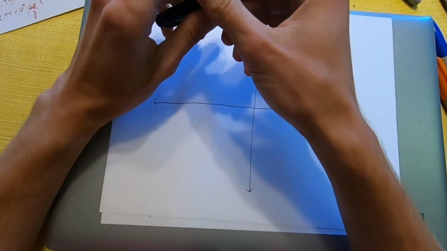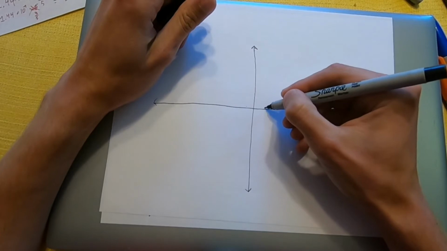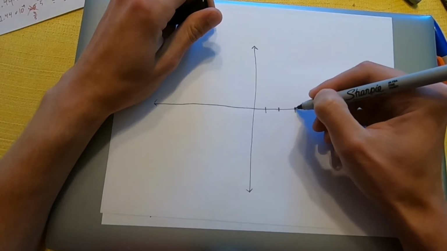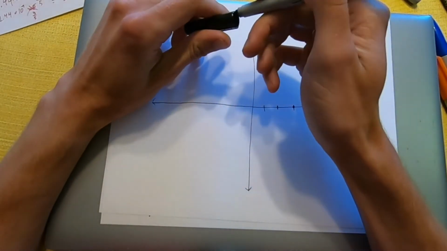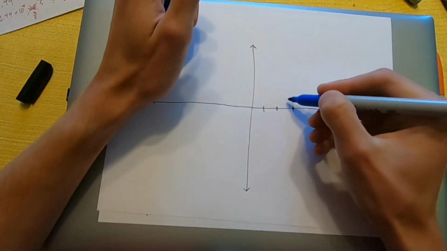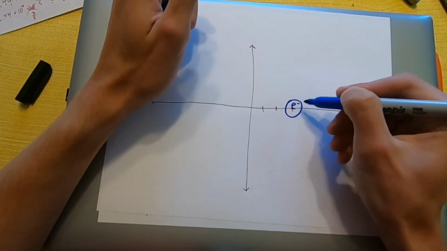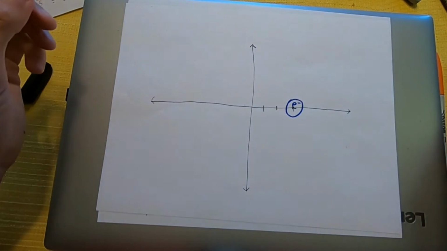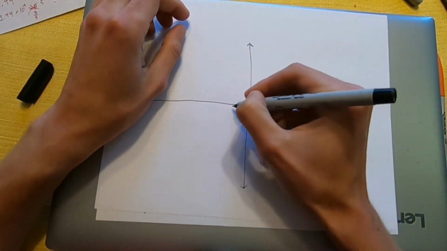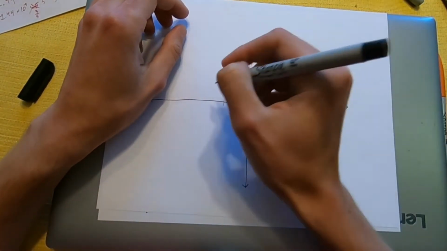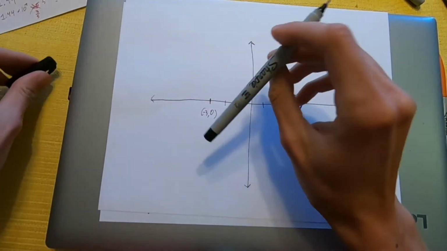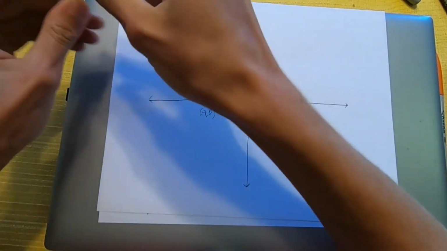And we're going to say 3, 0. So 1, 2, 3. We're going to have an electron. And at negative 3, 0, so 1, 2, 3, we are going to have a proton.